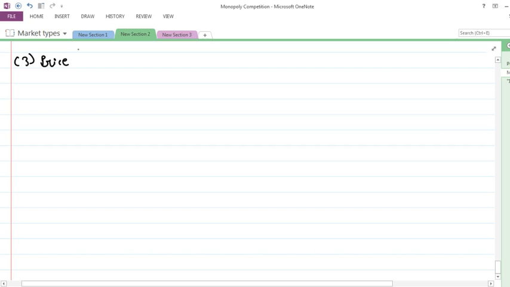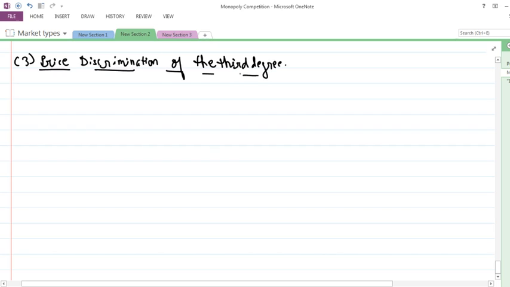Price discrimination of the third degree means यहाँ पे seller is dividing the particular market into two or more than two sub markets or groups.